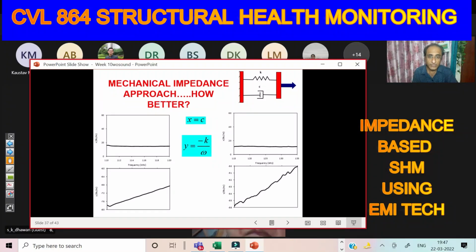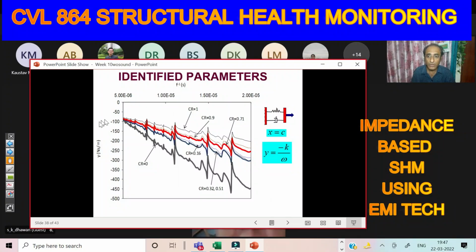For example here, by the impedance analysis, we found that the system is identified like a Kelvin-Voigt system, a parallel combination of K and C, and this is how the imaginary part, the Y part, varied. The imaginary part of the mechanical impedance, which we have acquired from the piezo signatures, this Y part is a measure of the stiffness of the structure, because in this kind of system, the imaginary part will be minus K by omega. And we are seeing a similar kind of behavior.